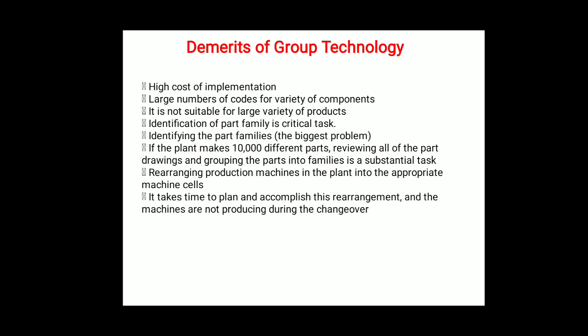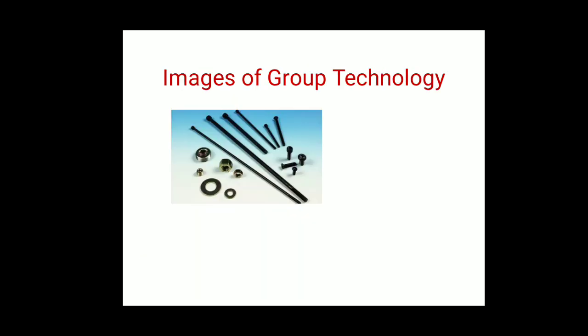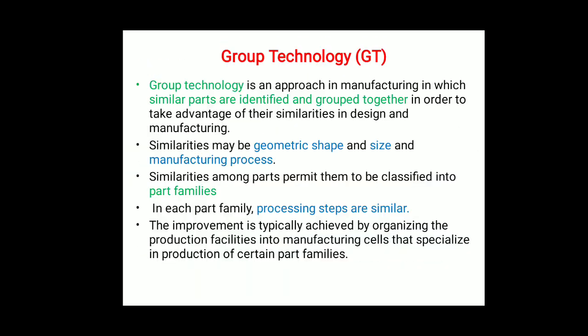Up till now we have seen what group technology is. What is the meaning of group technology, and why do we make it? We make different groups as per geometrical shape, size and manufacturing processes, and then go on to part families using similar process steps.